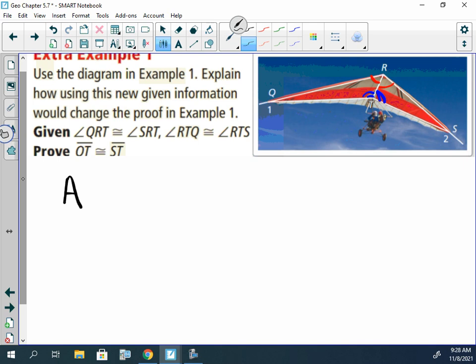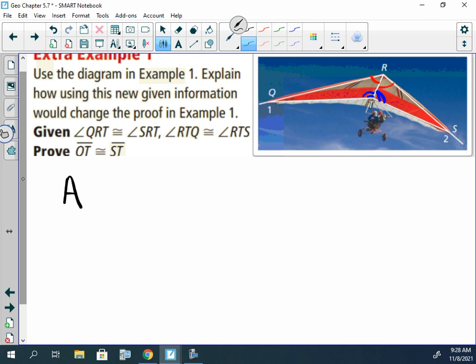Two. Side angle, side doesn't work because we have two angles given to us. So angle, side, angle would work, or angle, angle, side would work. Hypotenuse leg, we need two lengths, so it's not going to work. And it'd be a right triangle. So most likely, what are we looking at? Angle, side, angle, or angle, angle, side?